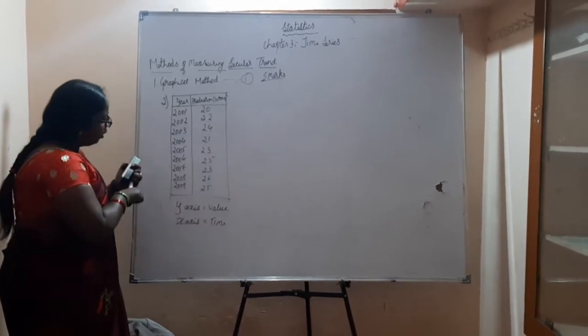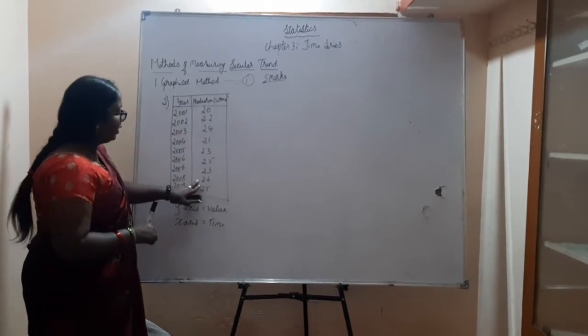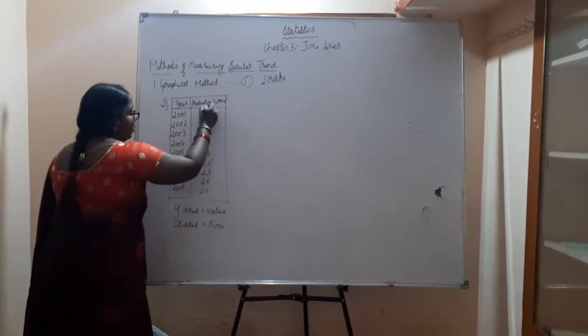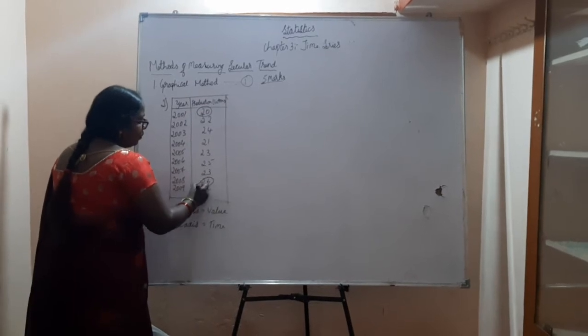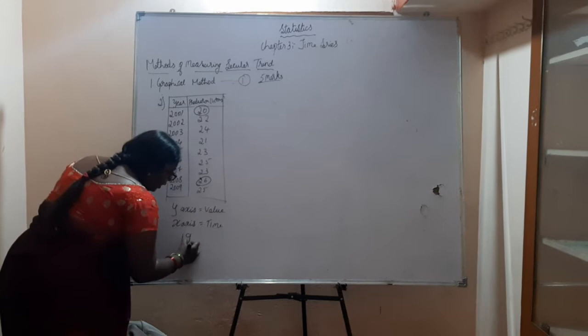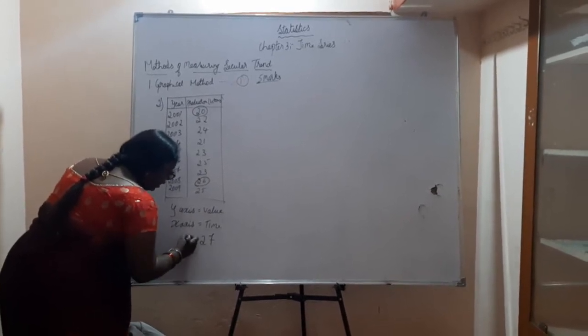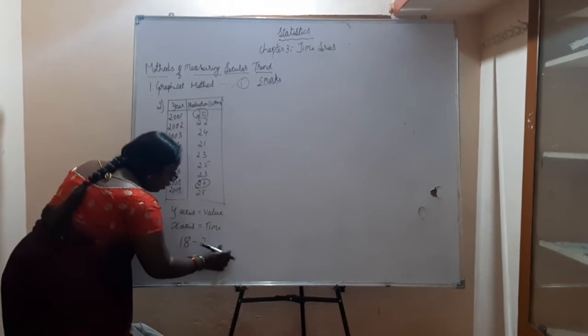Now what is my value between? It is from 20 to 26. My least number is 20 and my highest number is 26. So I will have the value from 19 to 27 or 18 to 28. I'll keep it as 18 to 28.